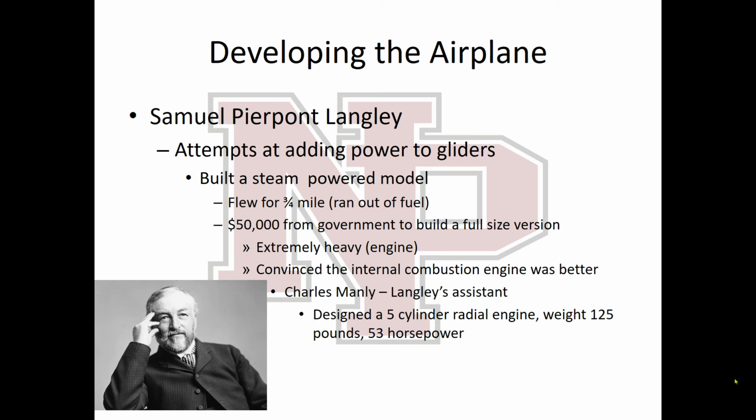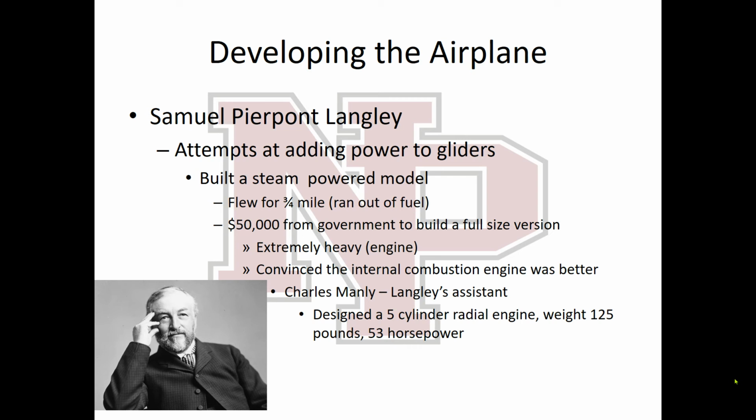A radial, remember, goes around in a circle. It weighed 125 pounds and produced 53 horsepower. Now, in order to get 53 horsepower out of a steam powered engine, you're probably weighing somewhere in the neighborhood of 500 pounds, 300 pounds, something like that.